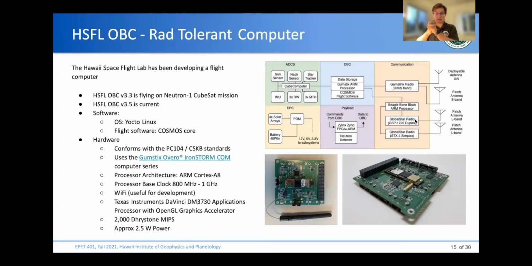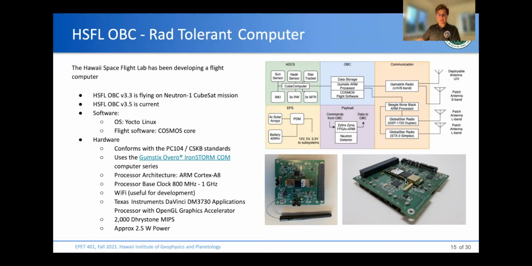Okay, so let's talk a little bit about more practical examples. Here at HSFL, we have developed a radiation tolerant computer. It's called the HSFL OBC, or onboard computer. Currently version 3.3 is flying on Neutron-1, the Neutron-1 CubeSat mission. Our current version is now at version 3.5.